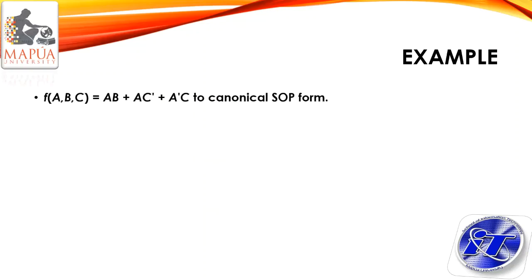So another example: AB plus AC' plus A'C, to canonical SOP or SOM. Unfortunately, in this example, we have missing variables. If you notice in the previous examples, all variables are present when we transform a product term to its equivalent minterm, or even a sum term to a maxterm.